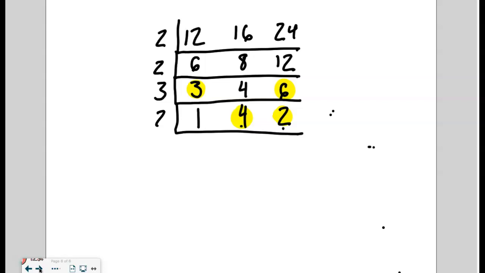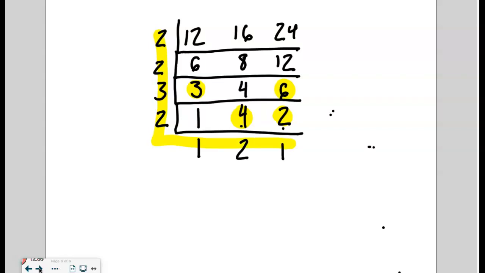And so we put our 2 out here. We drop down our 1. 2 goes into 4 2 times. 2 goes into 2 once. And now we're done.